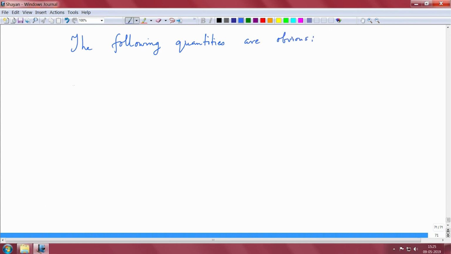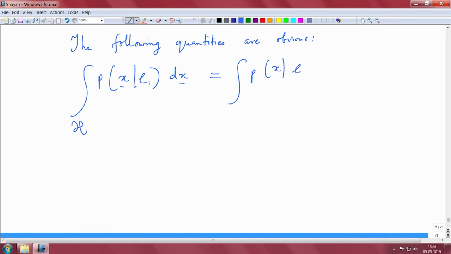One, the integral of the conditional distribution of data point x given C1, dx, over this entire observation space is 1. Similarly, it holds for the conditional density of x given class C2.